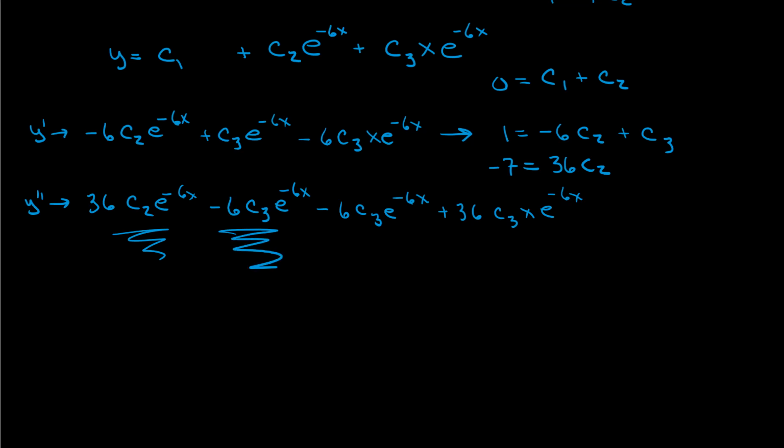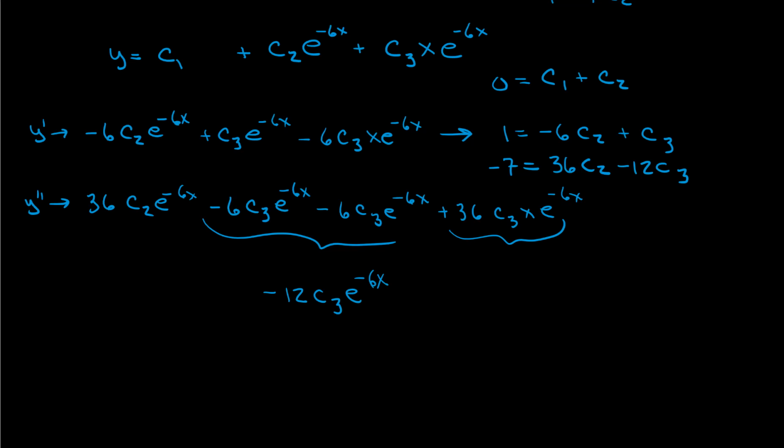When I plug in 0 into this second term, we're going to get negative, well, actually, look what we have. We have two of these. This is a negative 12 C3 e to the negative 6x. When I substitute 0 in for x there, I'm going to get minus 12 times C3. And then for this last one, when I substitute 0 in for x, that term goes away.